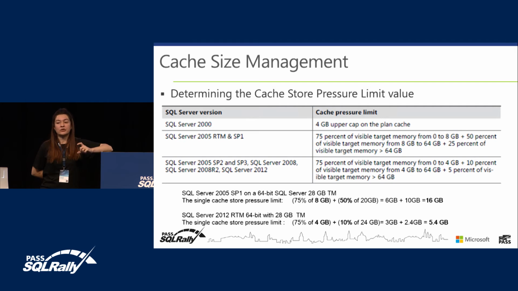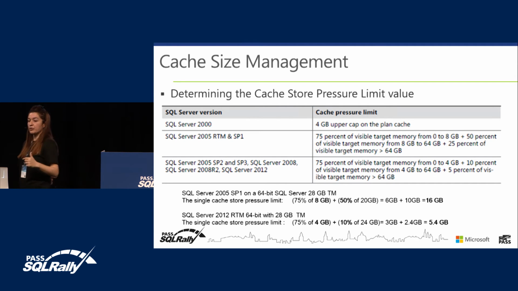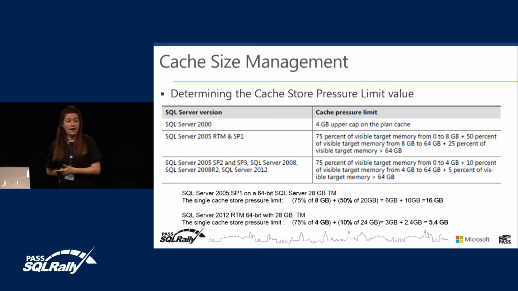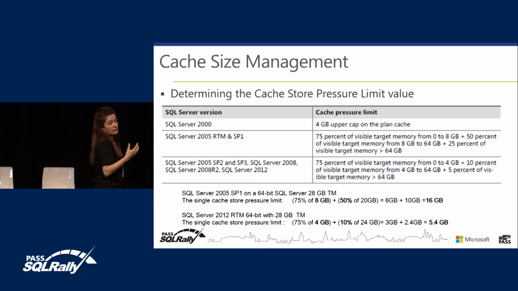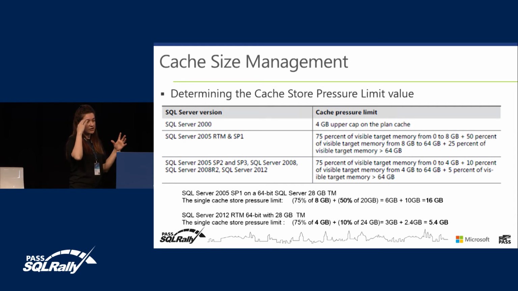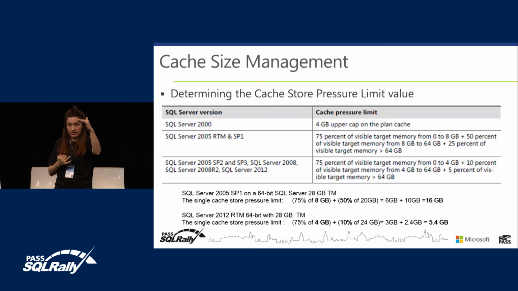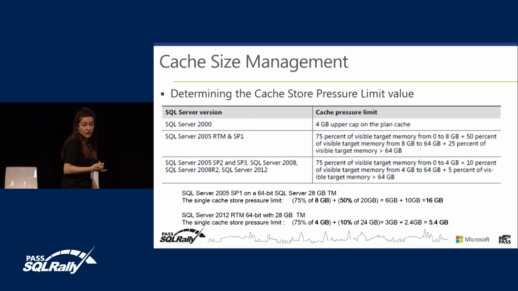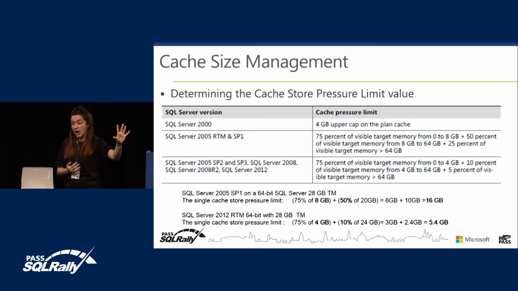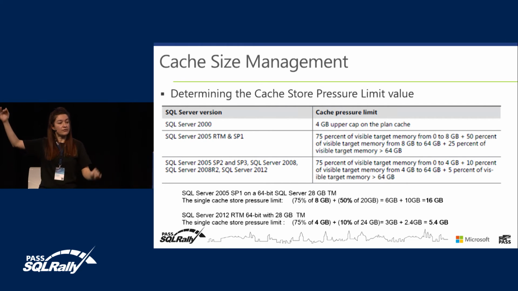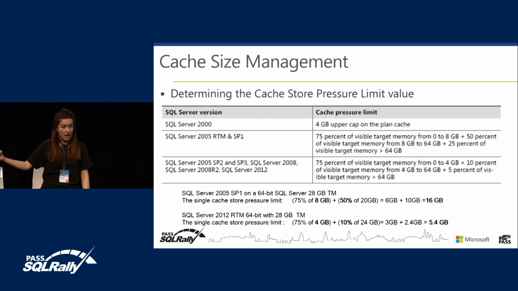So what is the visible target memory? Actually, the visible memory is the memory that is part of the SQL Server process. So in a 64-bit system, it's practically unlimited. But if you have a max server memory configured, then you have a target server memory. Either you have all physical memory on the box as a target server memory, or max server memory if you have configured it properly.